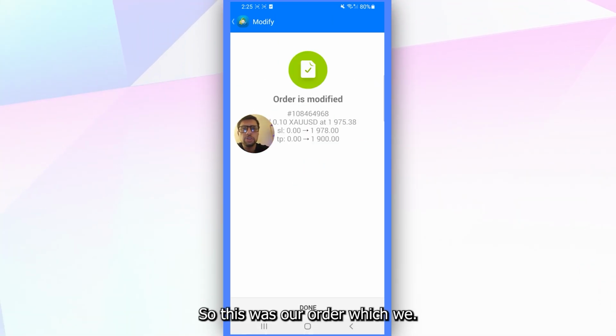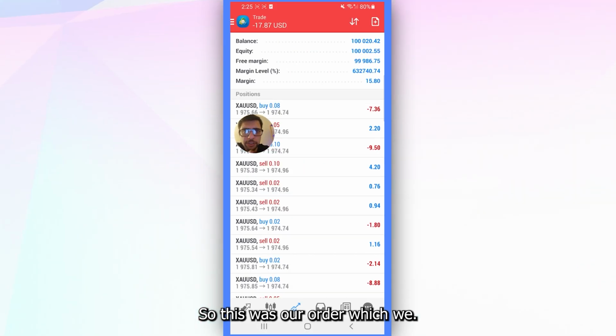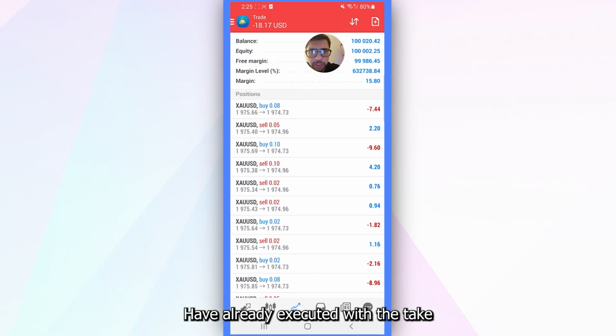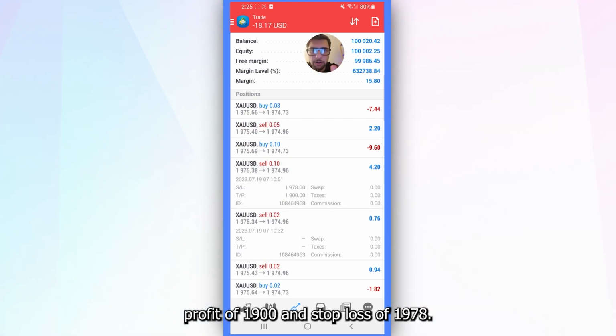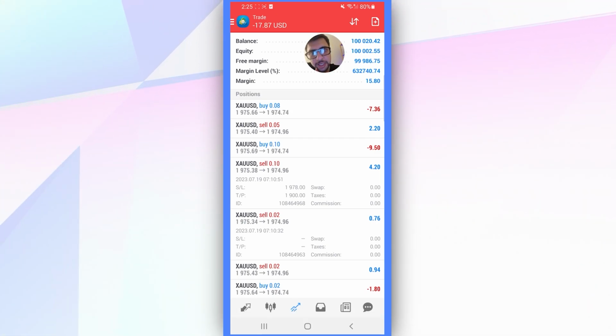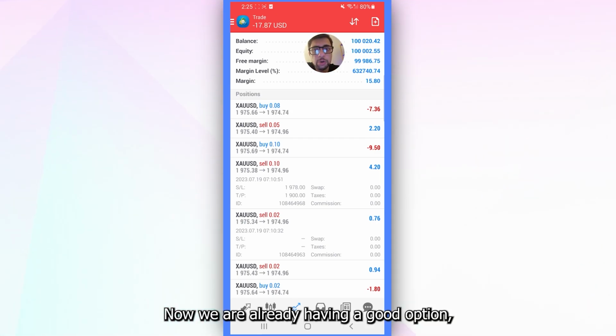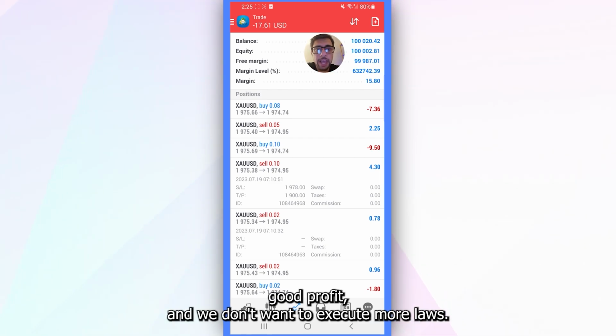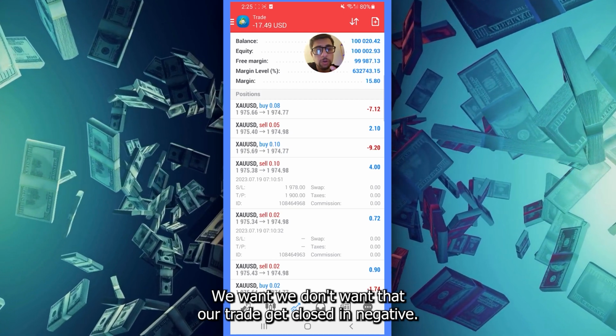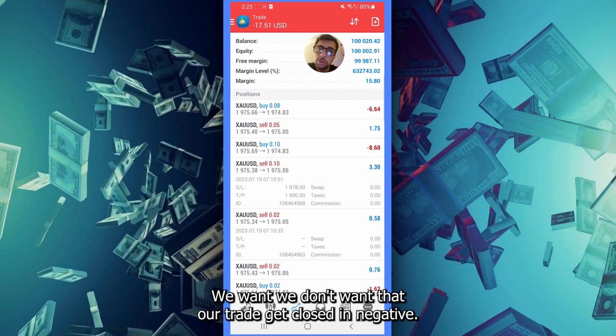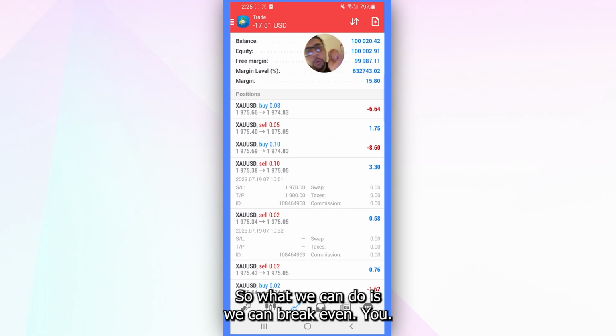That's perfect. So this was our order which we have already executed with the take profit of 1900 and stop loss of 1978. Now we already have a good profit, and we don't want to take more loss. We don't want our trade to get closed in negative. So what we can do, we can break even it.